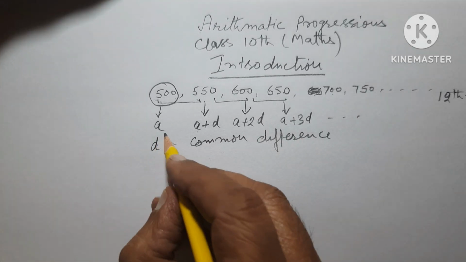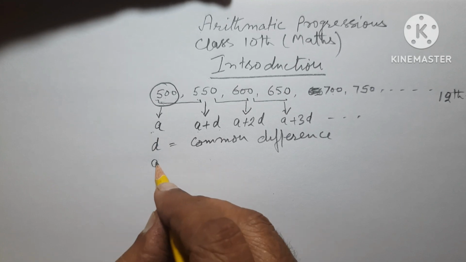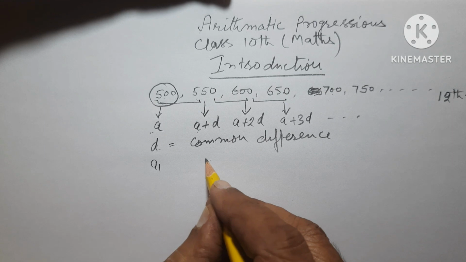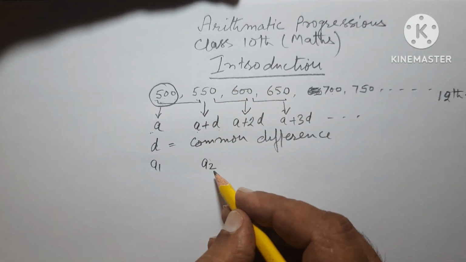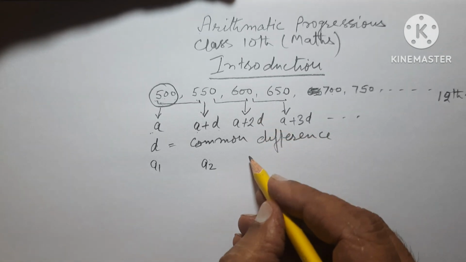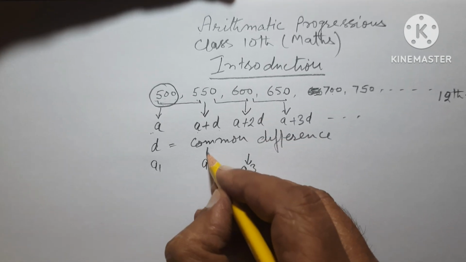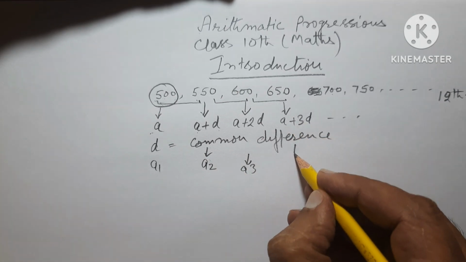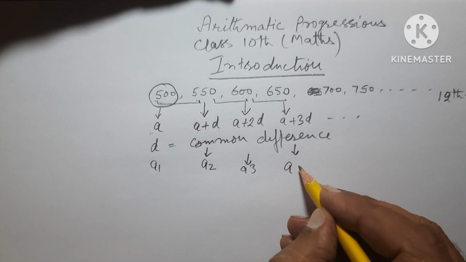So you can also write the first term as A1. A plus D can be written as A2, and A plus 2D can be written as A3. In this way you can also write A4.